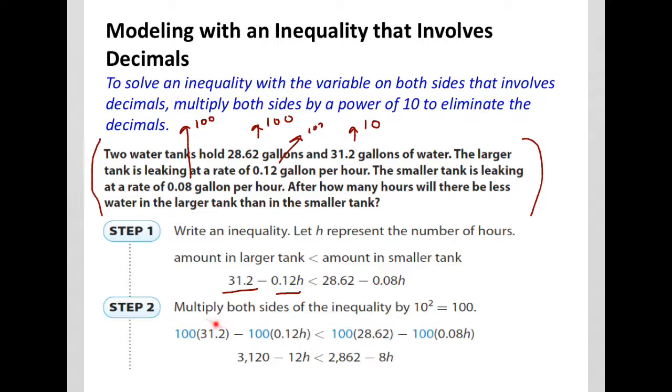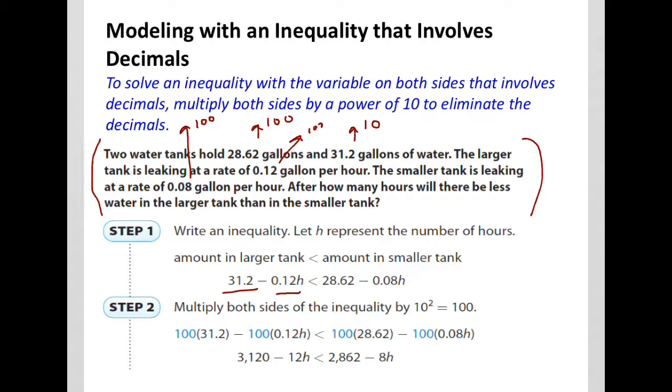I'm going to multiply this term by 100, this term, this term and this term. The 31.2 by 100, the 0.12 by 100, the 28.62 by 100, and the 0.08 by 100.